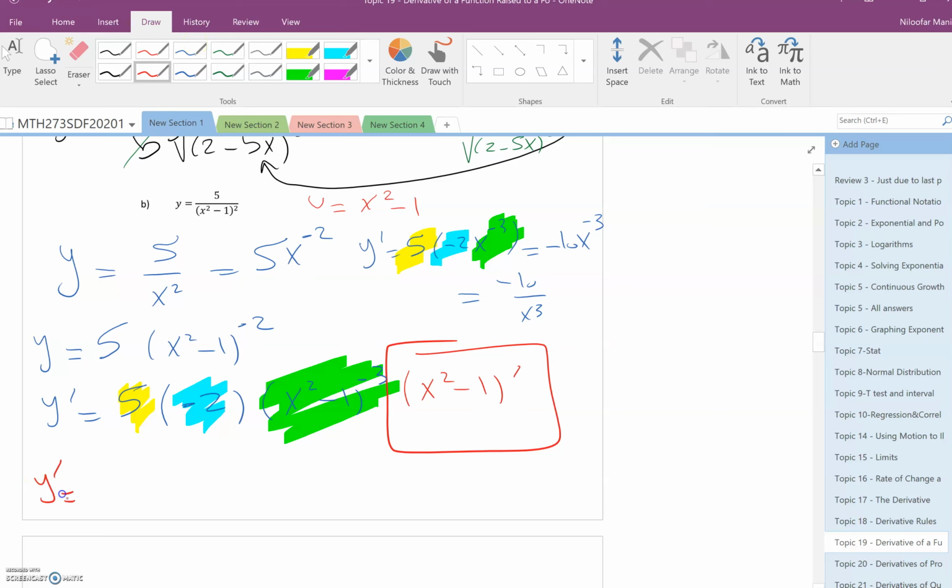So y prime is minus 10 x squared minus 1 power minus 3. Yes? So multiply derivative of 2x, which is minus 20x divided by x squared minus 1 power 3, power positive 3.